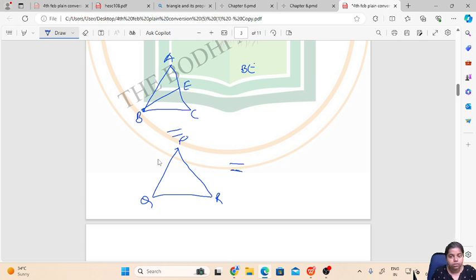Here they have told us to draw the altitudes on the sides of a triangle, and that is possible only in the case of a right angle triangle. We have previously seen that, correct? So we have to draw a right angle triangle directly, because altitudes on the sides are possible only in a right angle triangle.